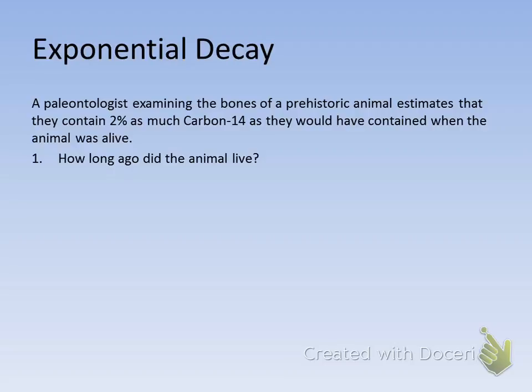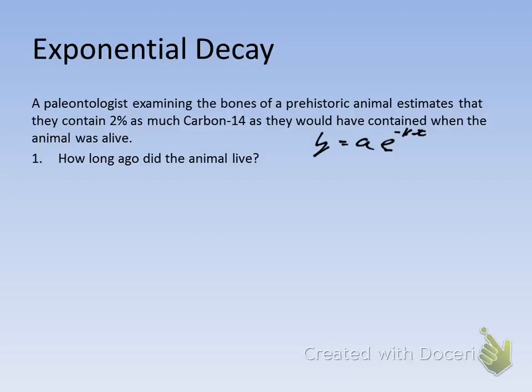All right. So now you know other things. Since it's still decay, we are still using y equals a e to the negative kt power. What are we trying to find? Trying to find time.